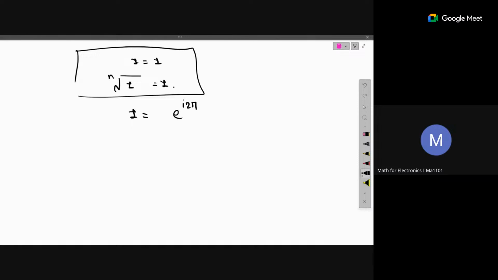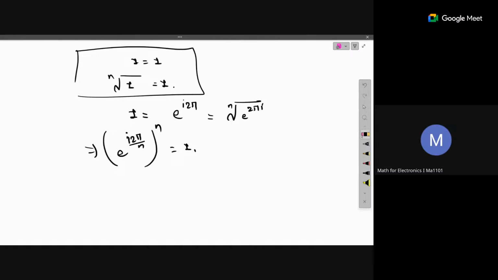If you take the nth root of e to the power 2 pi i, that is also equal to 1. So that means the nth root of this quantity is equal to 1. That is, e to the power i 2 pi by n, if you take it, then the nth root of this quantity is also equal to 1. That's the meaning here.